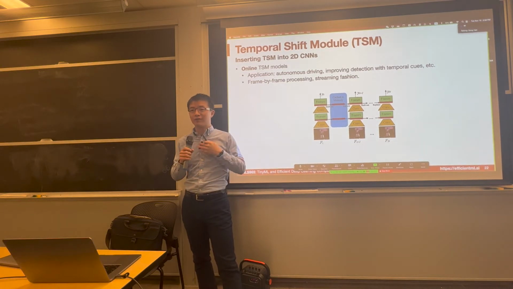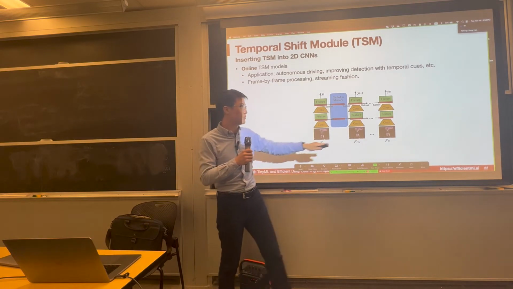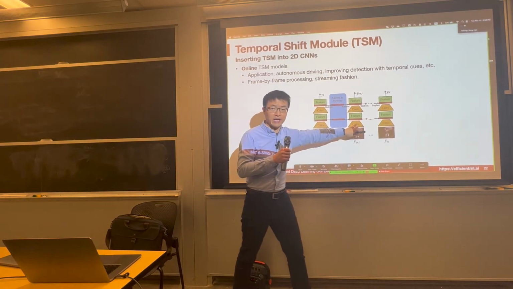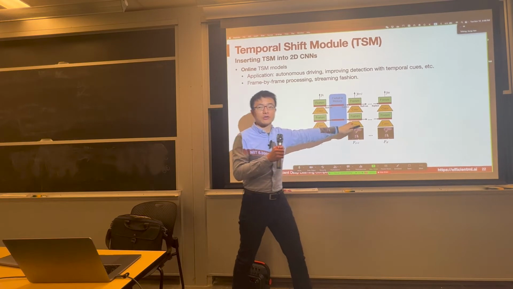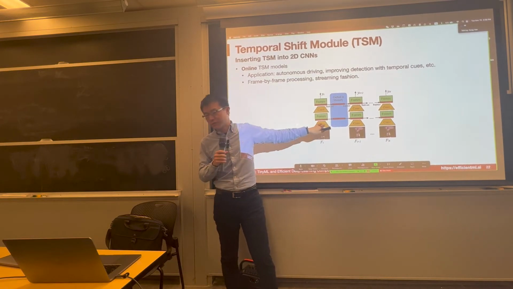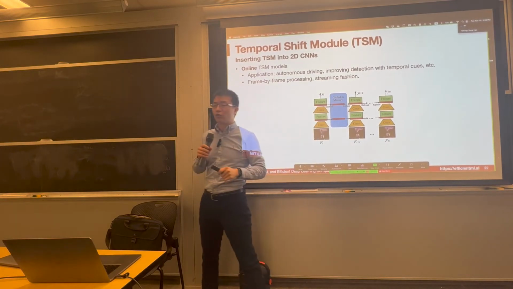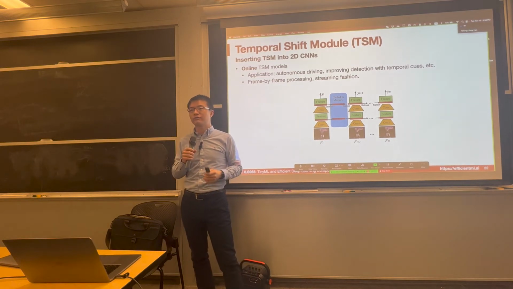So we have information not only from the current frame, but also the past frame. But the past frame also has the information of the past frame, right? So altogether, you have access to the entire history for temporal modeling.